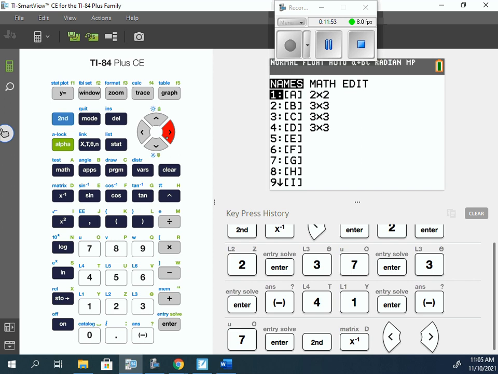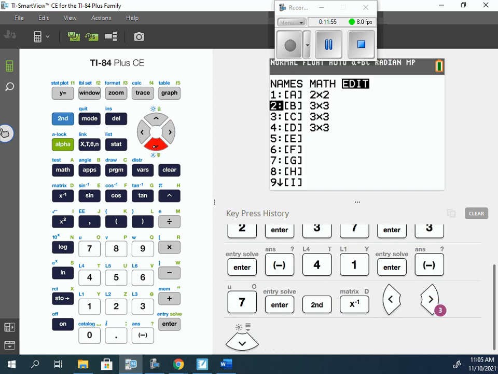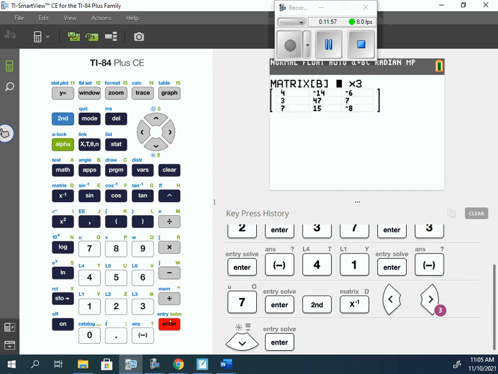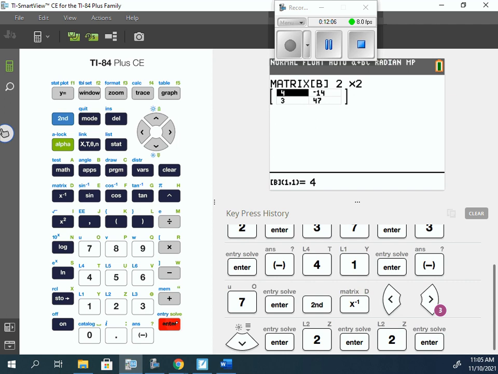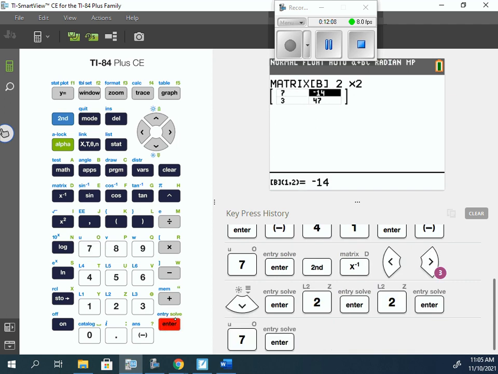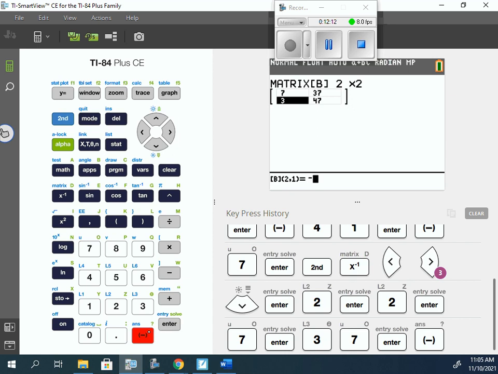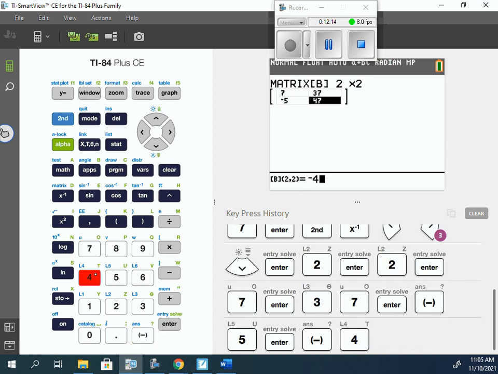Now to input the second one, we can just go second matrix, edit, go down to B, which is going to be a 2 by 2, which will be 7, 37, negative 5, negative 41.